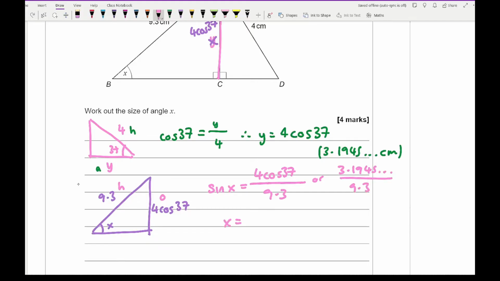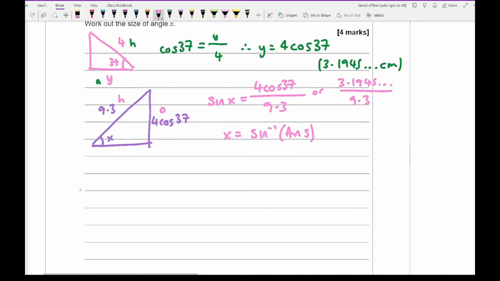So x is going to equal the inverse sine of that fraction, in which I get an answer of 20.9090, and so, to one decimal place, I'm going to go for 20.9, and that's to 1 dp.